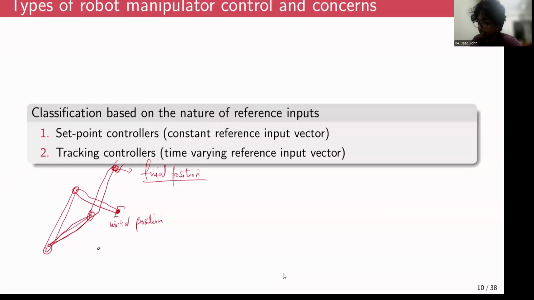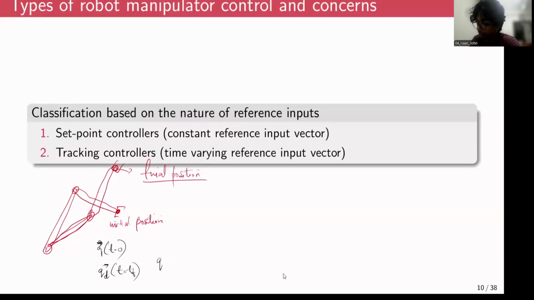So you have an initial configuration specified by q at time t equal to 0, and then we have a final position q maybe desired at t equals tf, but all the other intermediate points are not really important.